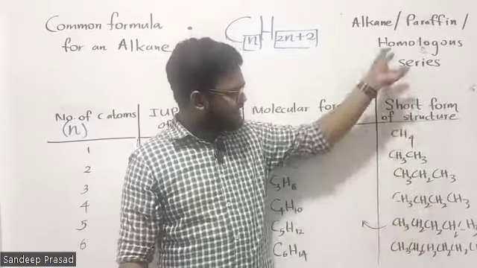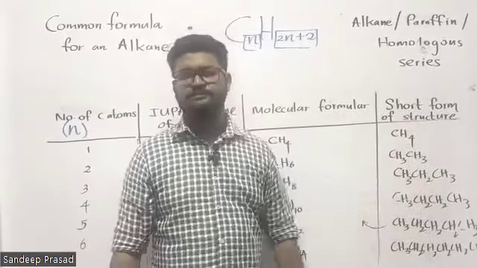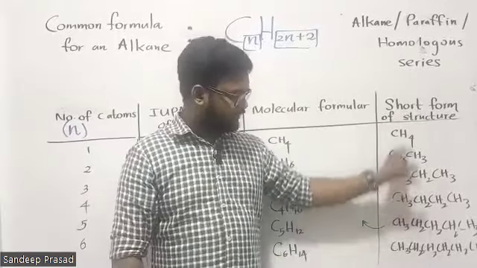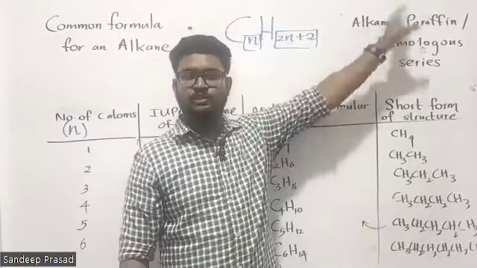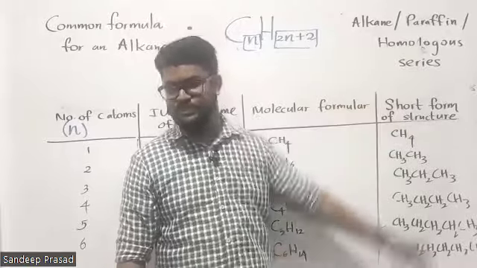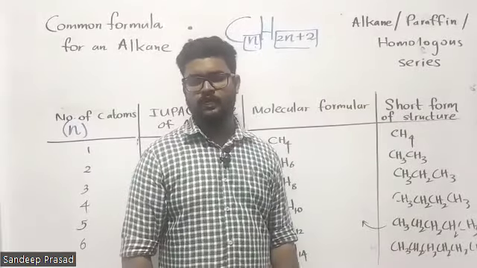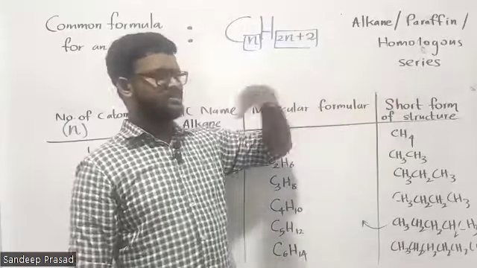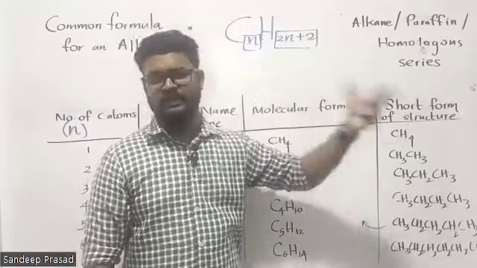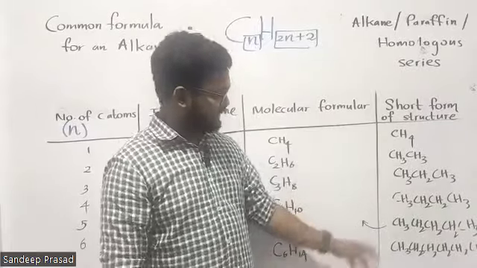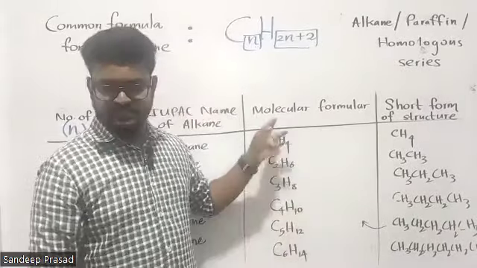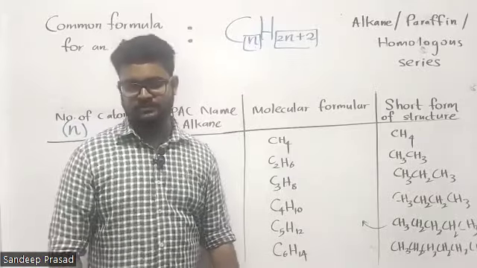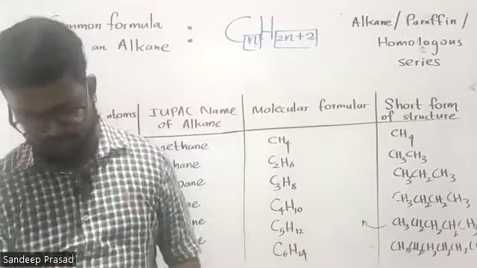So we can easily store these elements in the alkanes. These paraffins actually mean alkanes, another name that we use for alkanes. Homologous is a technical term that we use to show that there is a pattern followed by these carbon and hydrogen atoms. Try to understand, okay?